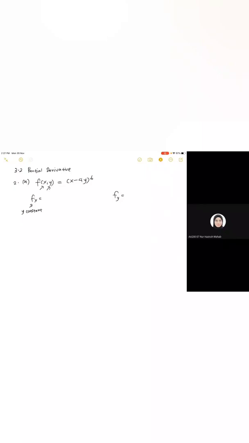So differentiate the power first, so (6x minus 4y) to the power 6 minus 1 gives 5, and then we multiply, we differentiate the inside with respect to x. Now when we differentiate this x, we will get 1. And when we differentiate this y, we will get 0. Why 0? Because y is constant.